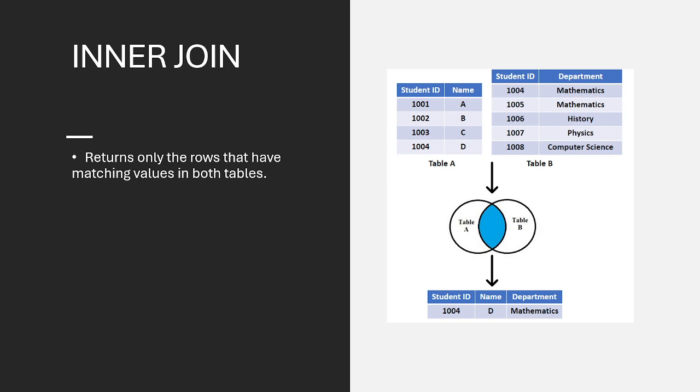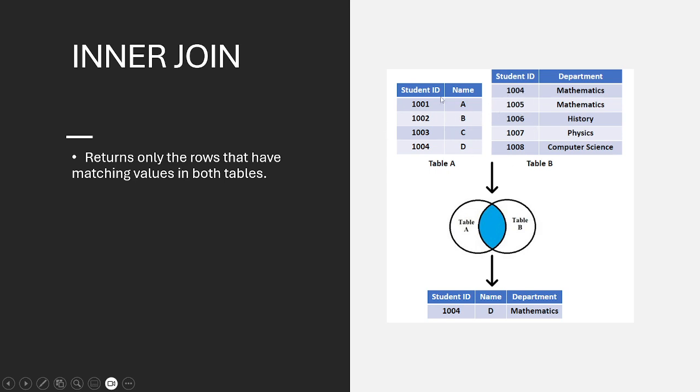An example is this. We have table A and table B. Table A contains information about the student ID and the name, while table B contains information about student ID and department. Now, if I use an inner join to retrieve information from these two tables, it's only going to return the rows that are common to the two tables based on the related column. The related column we are using here is the student ID, because it is common to the two tables.